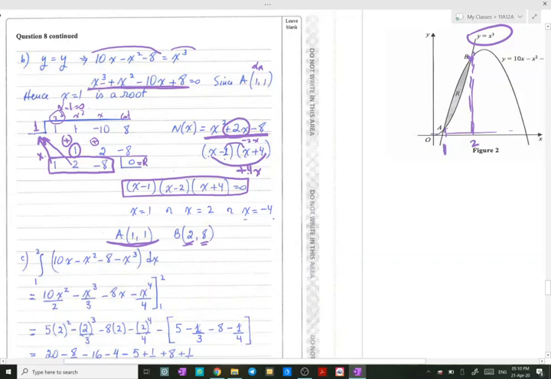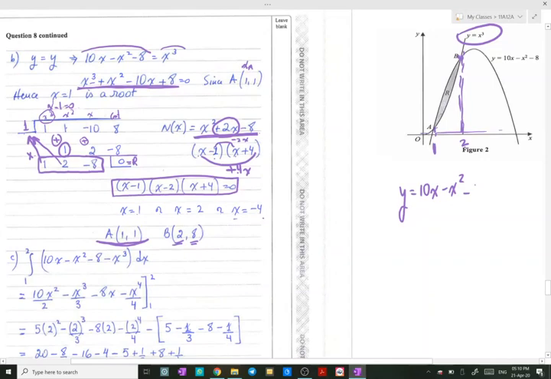In order for us to find the shaded area, it's going to be y of the upper part minus y of the lower part. The upper part is y equals 10x minus x squared minus 8, minus the lower part, which is represented by x cubed.